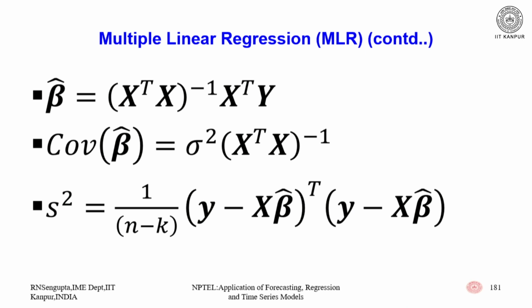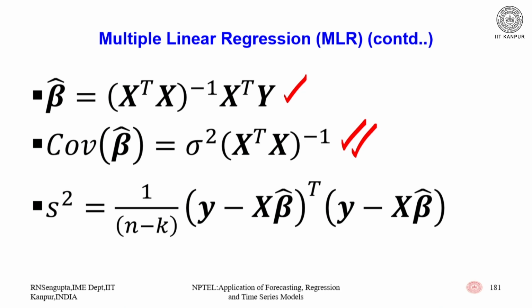What information do we need to calculate? The first one is beta hat, the estimate of the regression coefficients. Second is the covariance of beta hat, which gives the relationship between the regression coefficients.